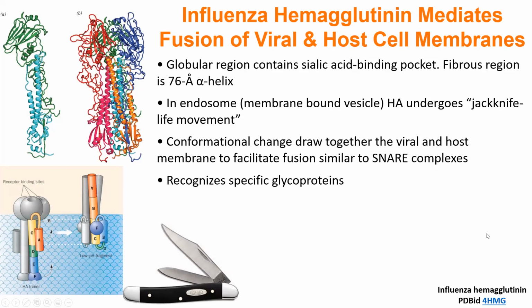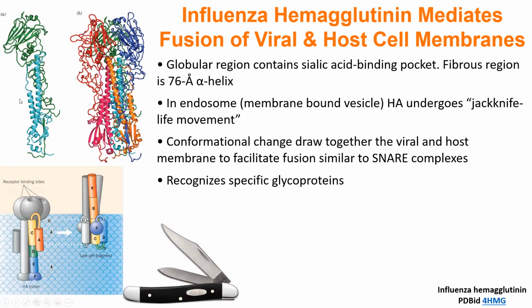But yeah, let's look at flu hemagglutinin here. This is a protein that is going to help the virus attack your plasma membrane and pull the virus in, to overcome the electrostatic repulsion.